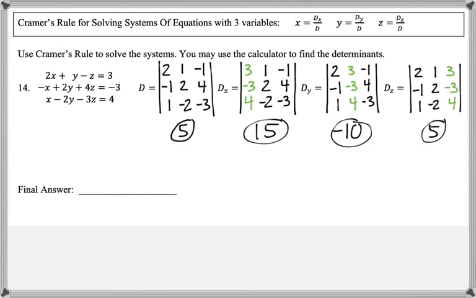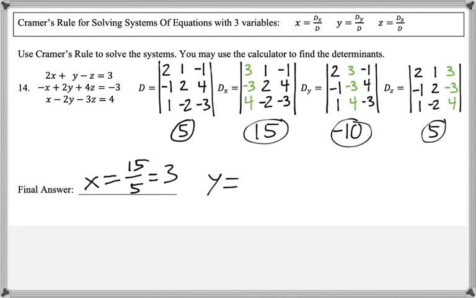So now that we have our 4 determinants, we need to use this formula to find our x, y, and z values. So x is equal to dx over d. So that would be the 15 over the 5, which is 3.